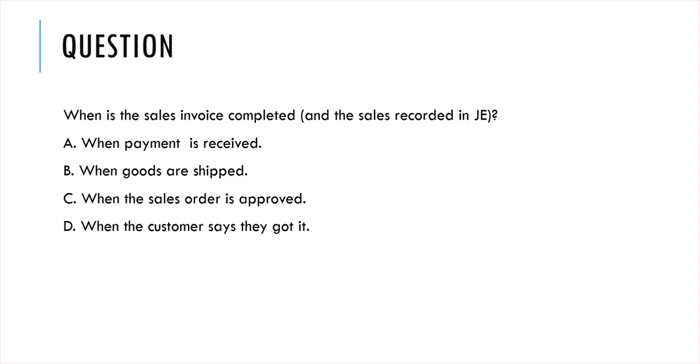Okay, now we're into Jim. What does Jim do? Now Jim is going to do the journal entry. So what we have is an invoice here prepared, and from the invoice the journal entry is going to be done. And when the invoice is prepared, then it's going to be shipped.